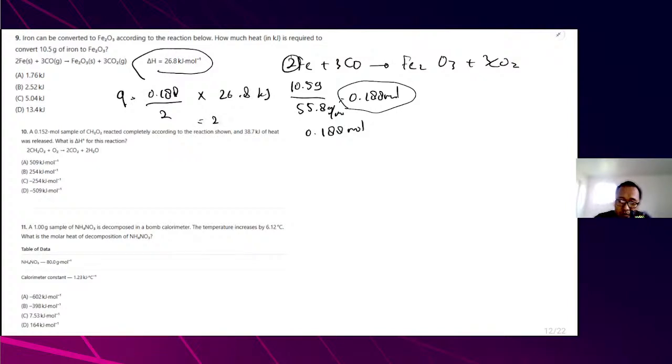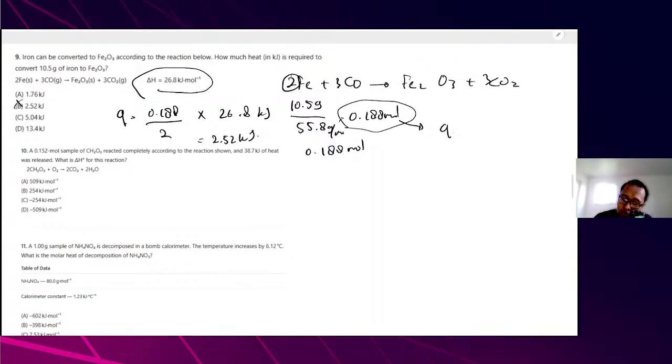So it will be 2.52 kilojoule, and the answer will be B. Remember, if we just want to know one, we divide by this first and then multiply by this one. Q equals mole times ΔH.